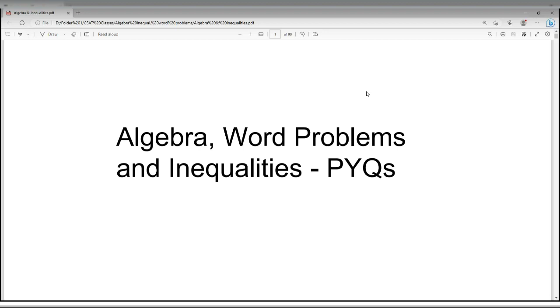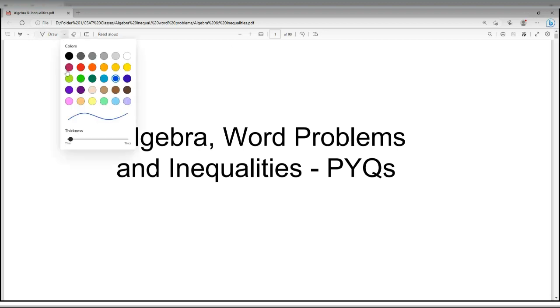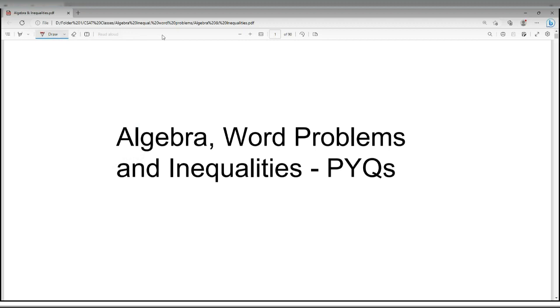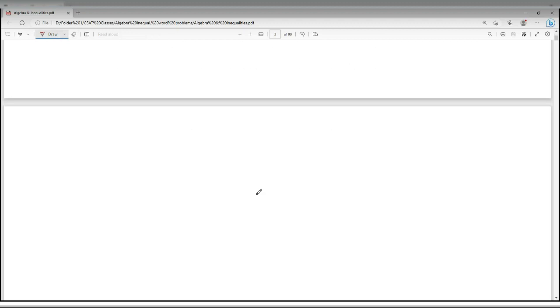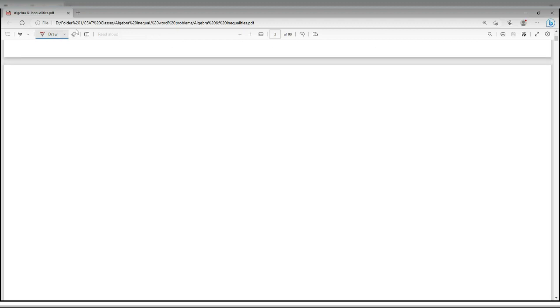In these types of questions, the skill that is required, number one, is your basic word translations. What is word translations? Word translations are like converting sentences into mathematical equations.